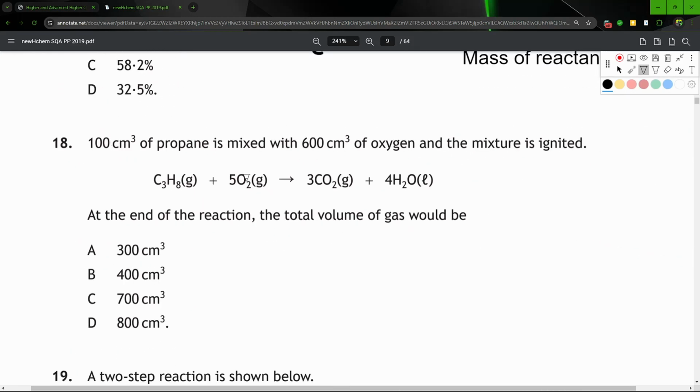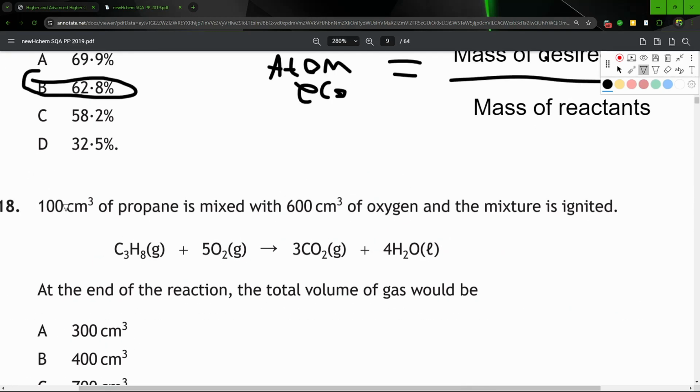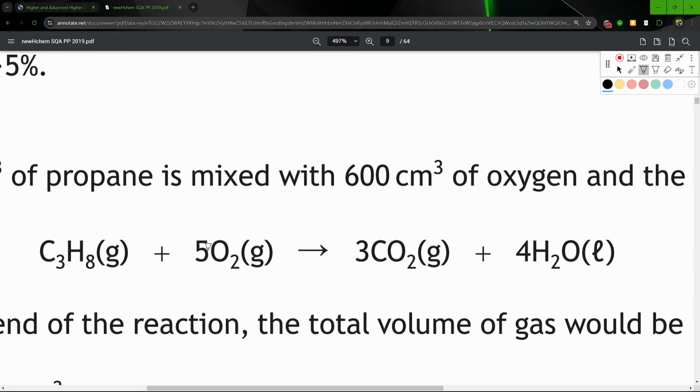It's mixed with 600 cubic centimeters of oxygen, but it only needs 500 cubic centimeters because 5 times 100 is 500. So we're actually going to have 100 oxygen left over.